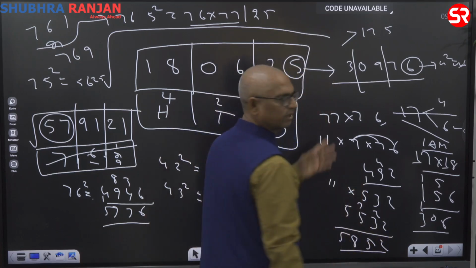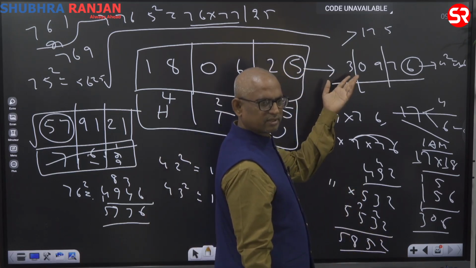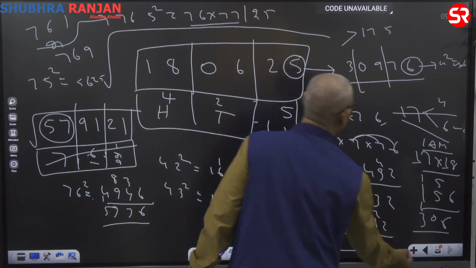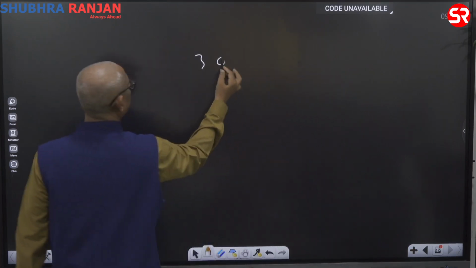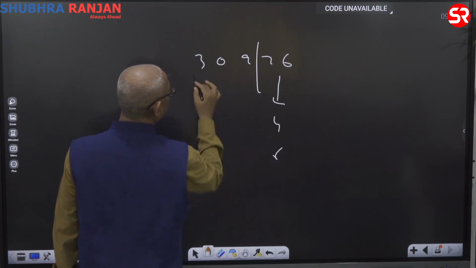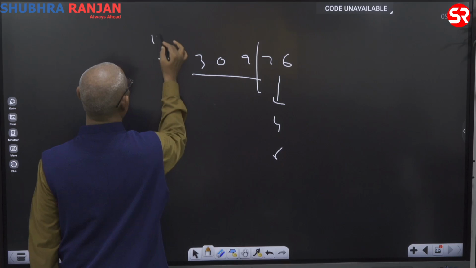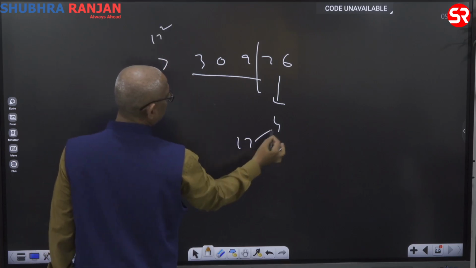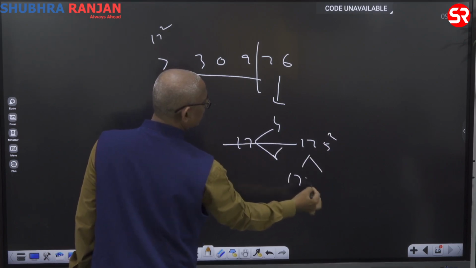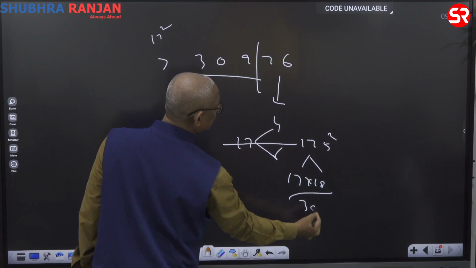Okay, I think there is no need to explain again 30976. Is it required? Okay, so still if you want, you can directly do, don't worry. 30976: greater than 17 square, 174, 176, 175, n into n plus 1, 17 into 18, that is 306.